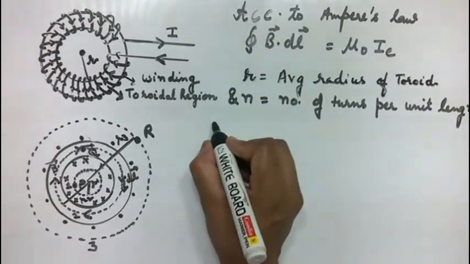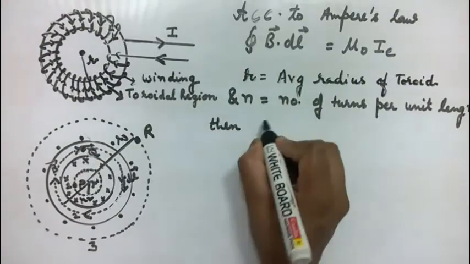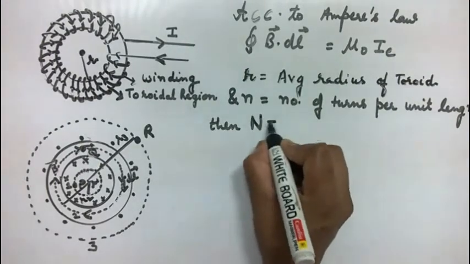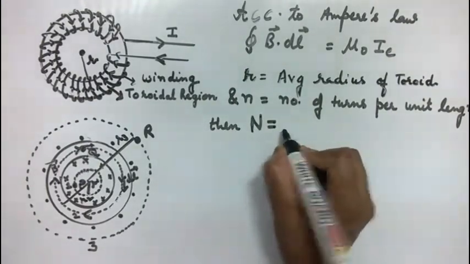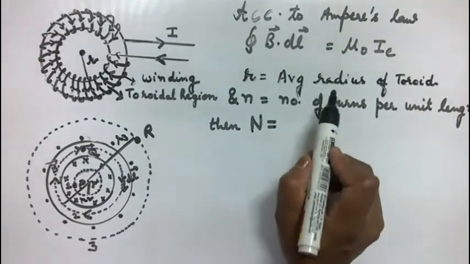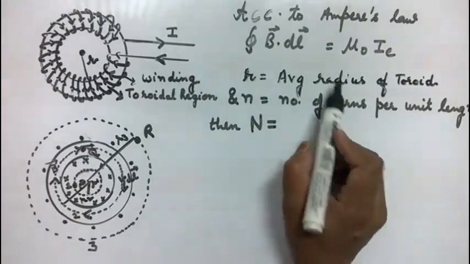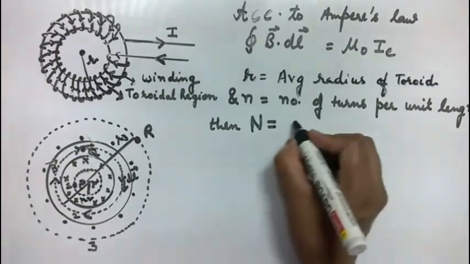Then the total number of turns in a toroid is given as the average perimeter of the toroid times the number of turns per unit length.